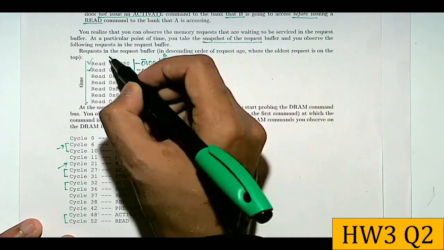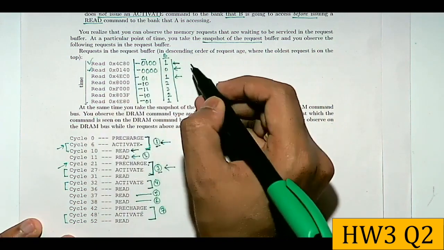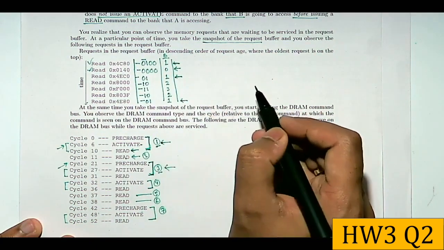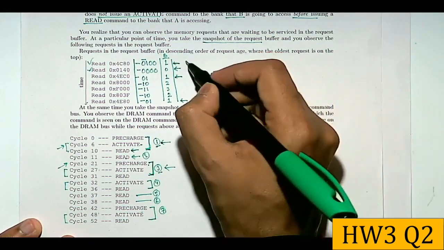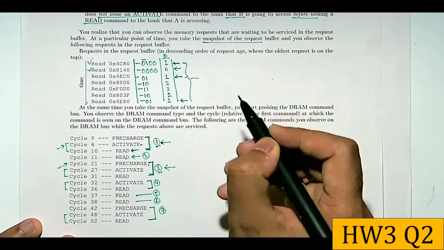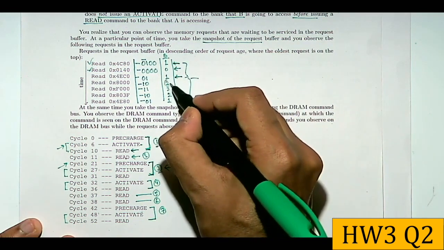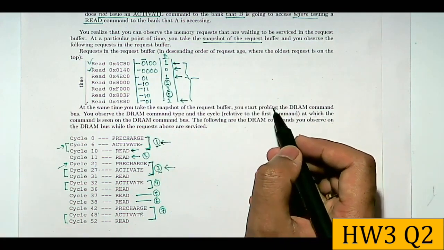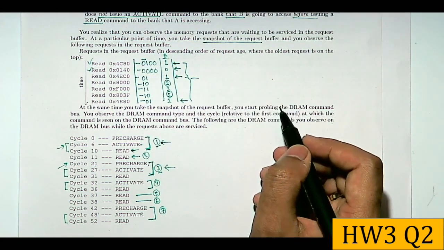That gives you the first access, the third access, and the last access. This is one candidate, these 3. And these 2 are another candidate. You can extract your information from these accesses.